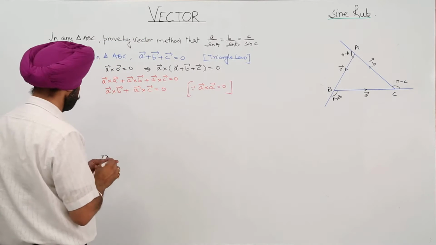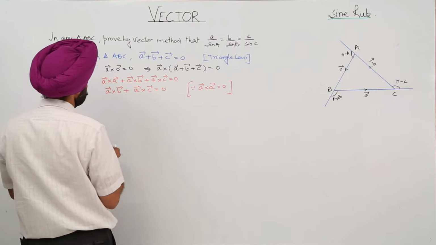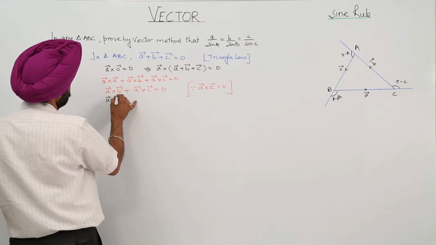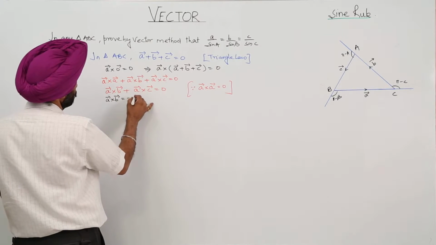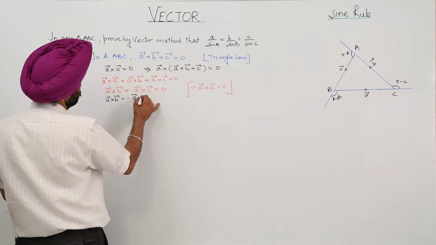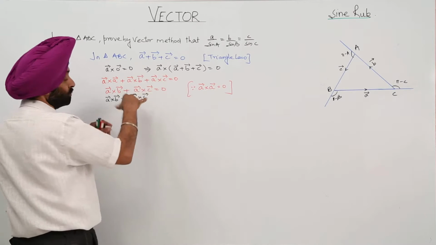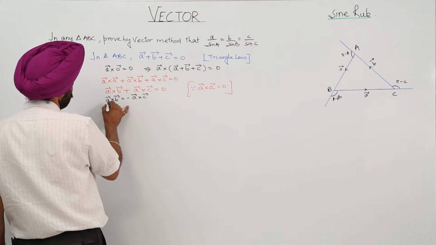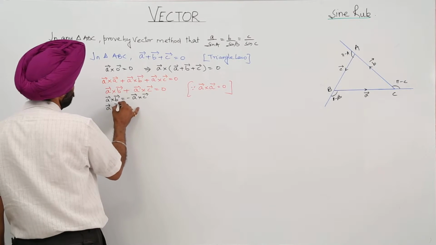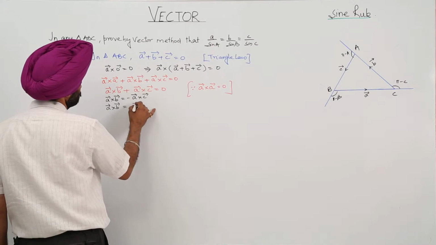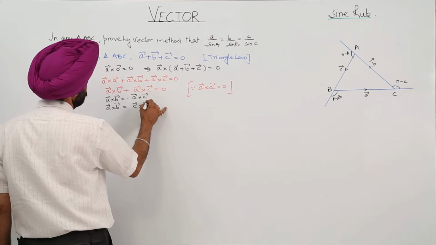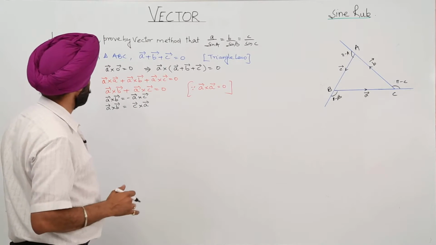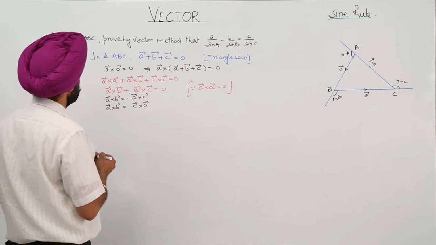Now vector a cross vector b is equal to negative of vector a cross vector c, just shifting to that side, and so vector a cross vector b is equal to vector c cross vector a, because the commutative property is not allowed in the vector product. So now this is 1.